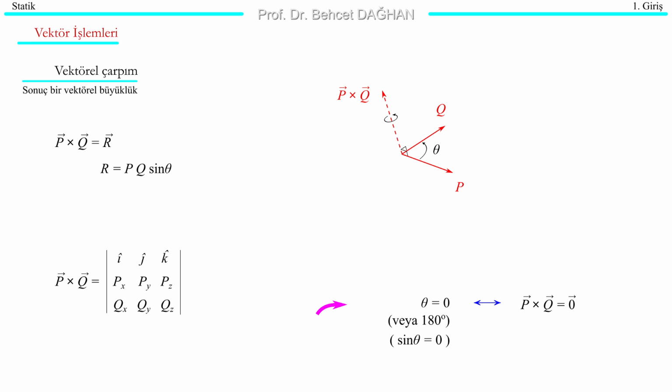If we find the result 0 when we perform the cross product of P and Q, it means these two vectors are parallel to each other. They can be in the same direction or in opposite directions. To determine whether two vectors are parallel, in the same direction, or in opposite directions, we can perform the cross product.